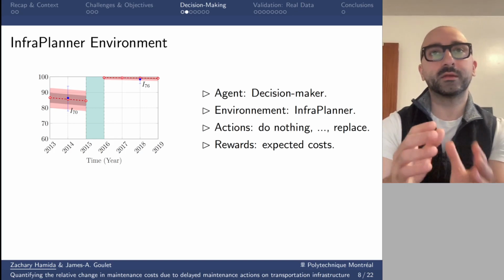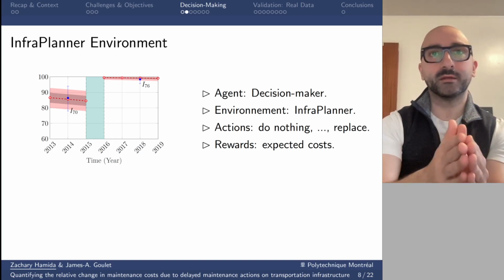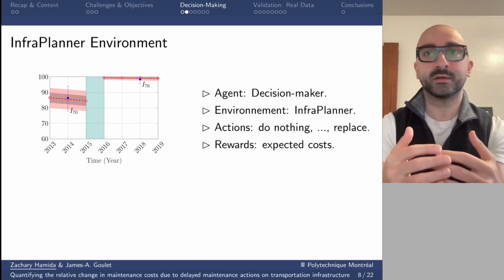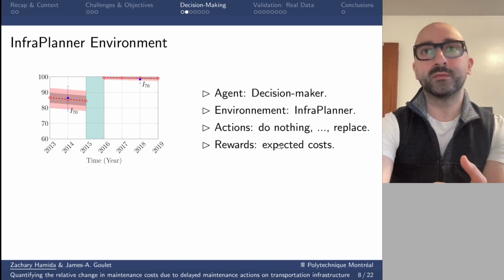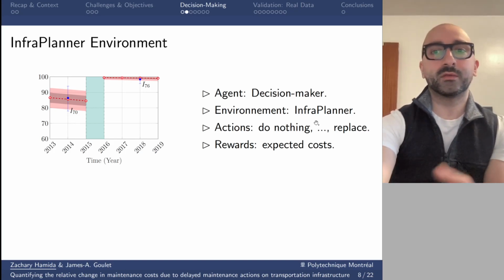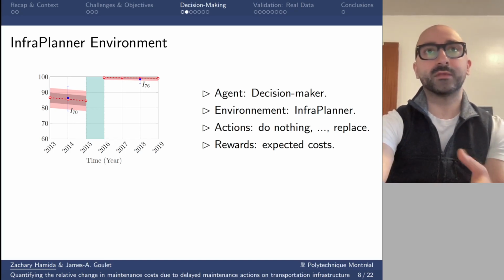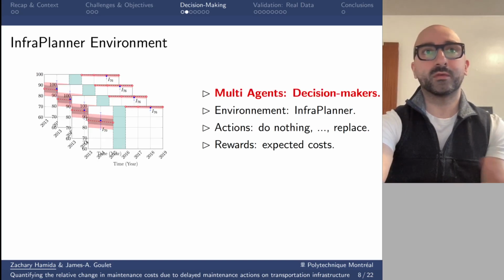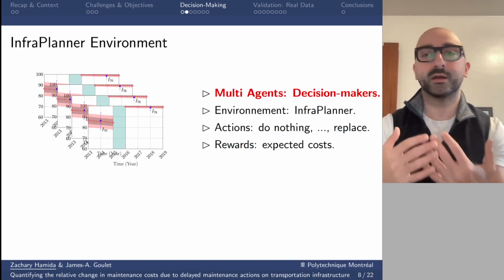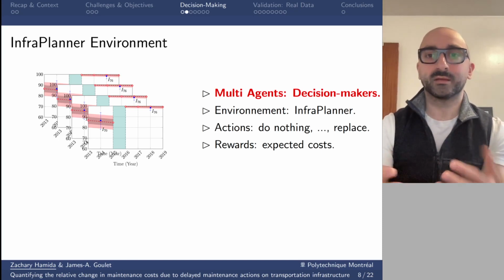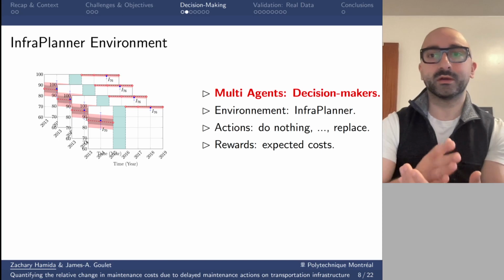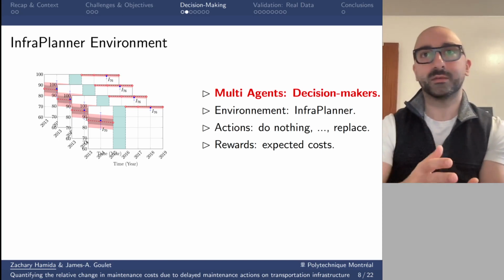Now, this is for one element, so we can think of it as one agent that needs to learn how to minimize the costs using these actions. Now, as I mentioned earlier, we have thousands of elements. So whenever we have multiple elements, it's as if we have multiple agents that are the decision makers, making decisions or learning how to make decisions on each structural element.